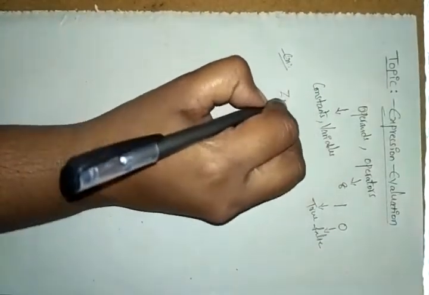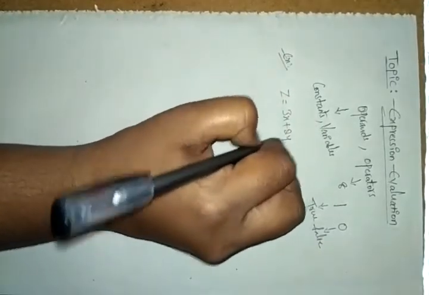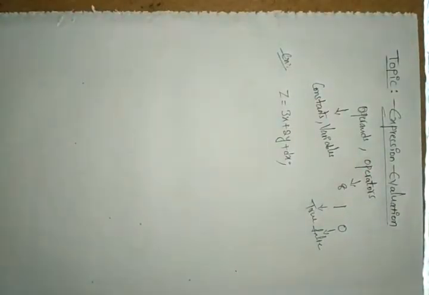First I am taking z equals 3x plus 2y plus dx. This is one expression.